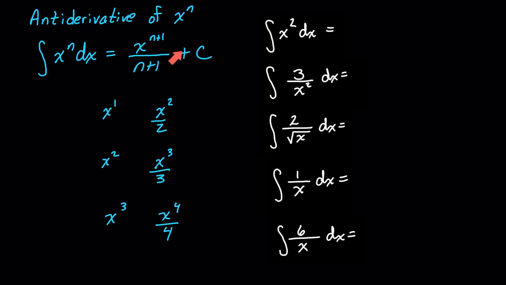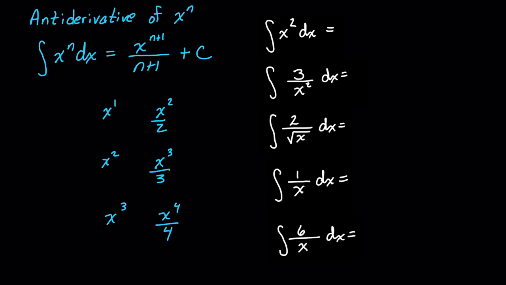Now, we put this plus c, which represents a constant, because there could be some kind of constant out here, because when you take the derivative of this, it would become 0, which would still give you this as your derivative. So remember, this is just saying find the antiderivative of the function x to the n, because the antiderivative represents the area of the region between this function and the x-axis.